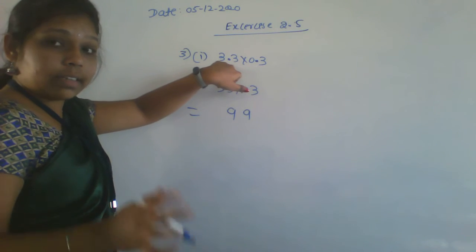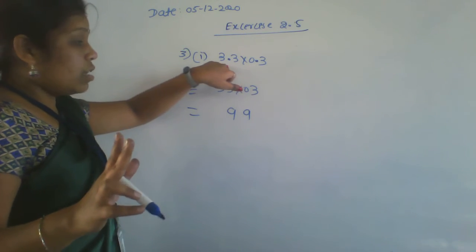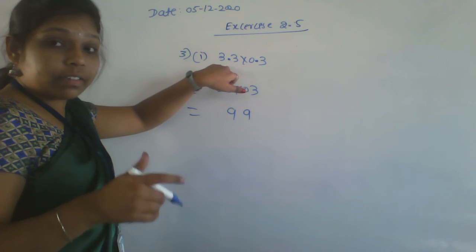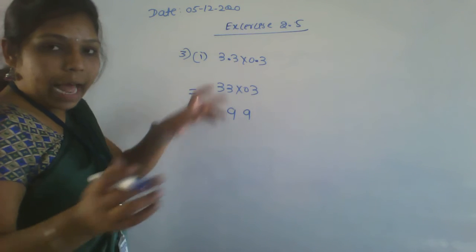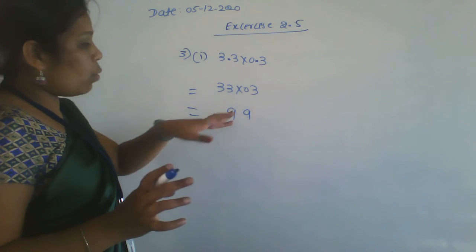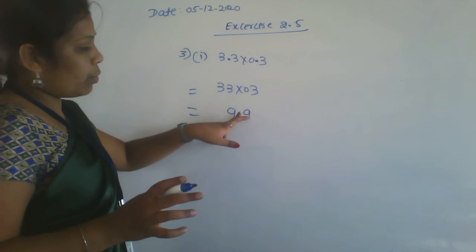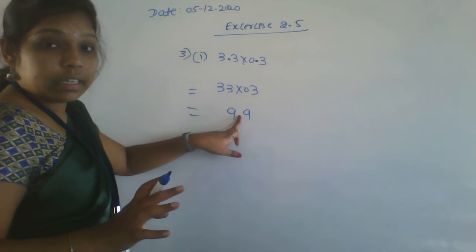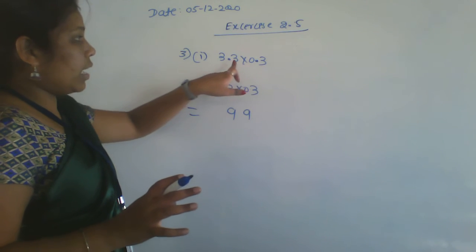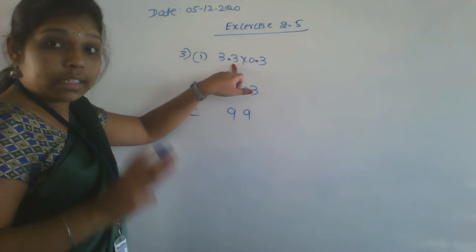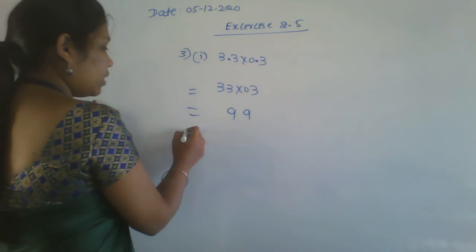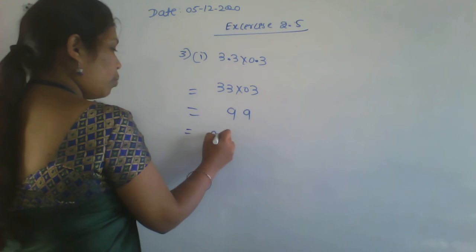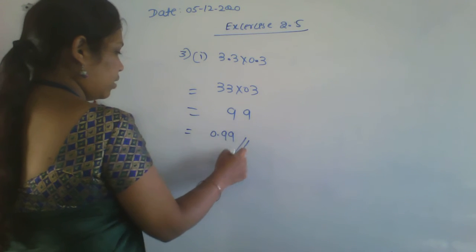How many numbers are there? 2 numbers are there. So you have to leave 2 numbers. After 2 numbers you have to put a decimal point. Don't put the decimal point after only one number. Count: here one is there and here one is there. Total is 2. So after 2 numbers you have to put a point. That is nothing but 0.99. 0.99 is the answer.